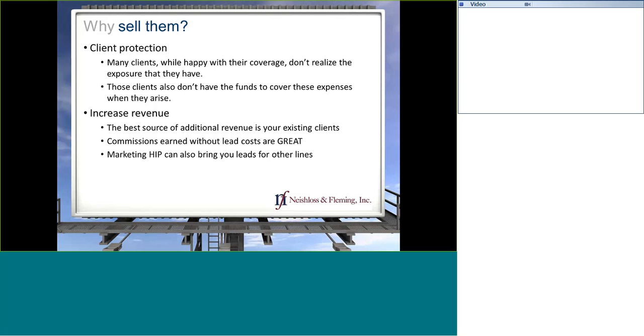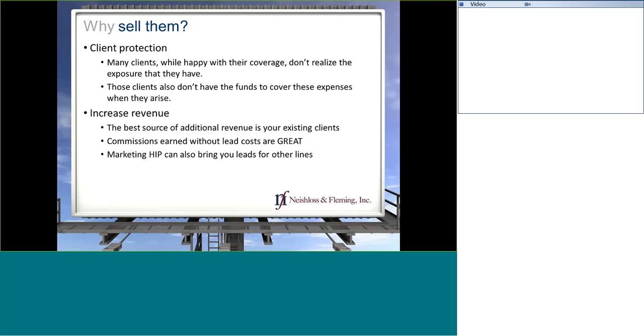And there's a multitude of ways to do that, obviously, depending on the product line that you're working with, but if you can generate additional dollars with your existing consumers to protect them against needs that we know that they will have, that is a phenomenal way to earn income. Because again, your net commission gain is so much higher when you don't have to factor in the lead cost to generate that sale.